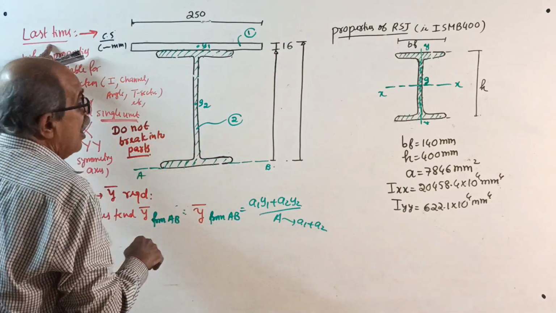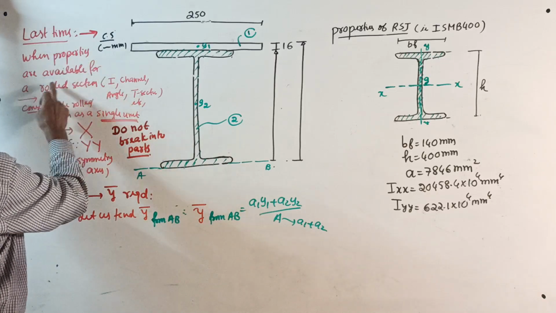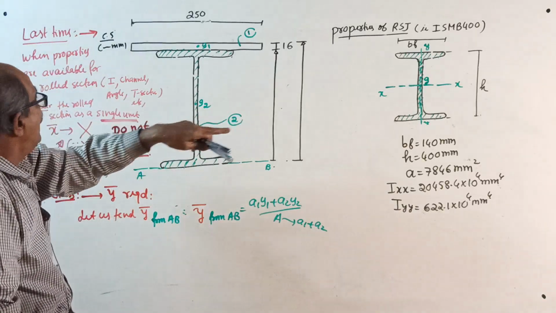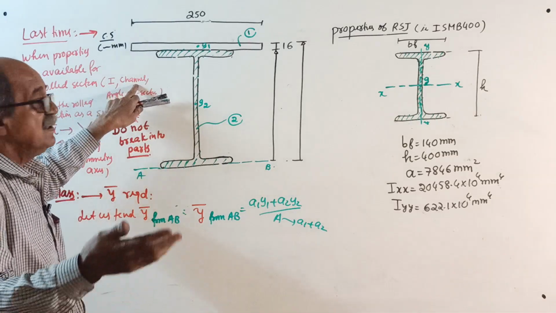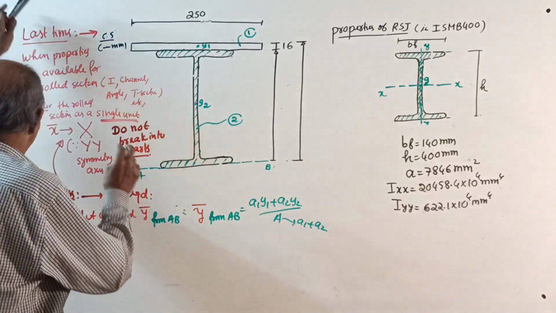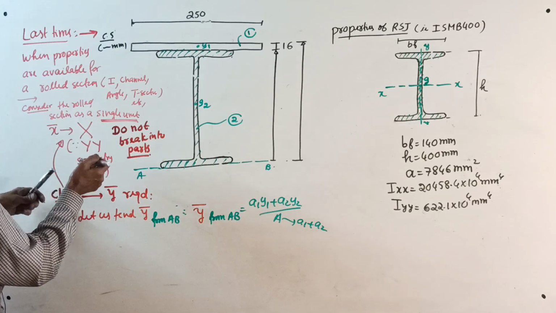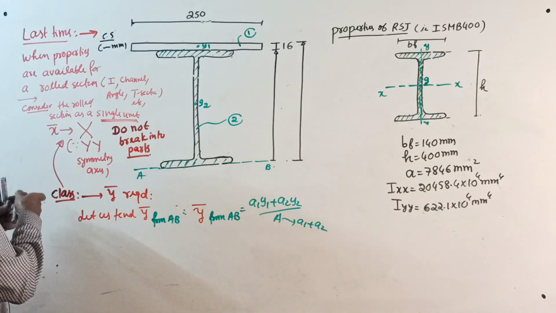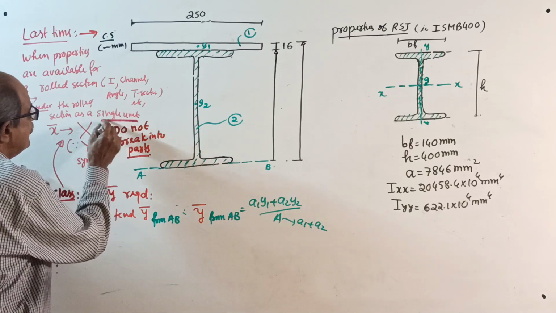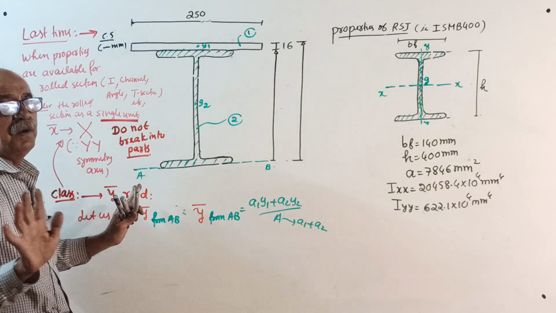Okay. Now, last time, when properties are available for a rolled section, like I section, channel, angle, T section, etc., consider the rolled section as a single unit. Do not break it into parts.